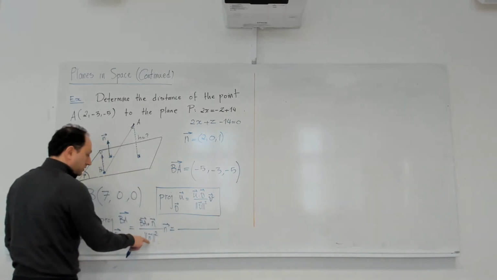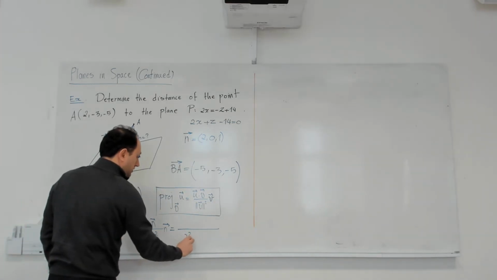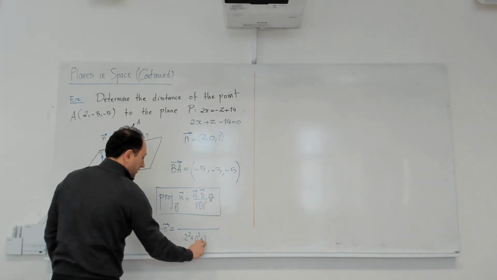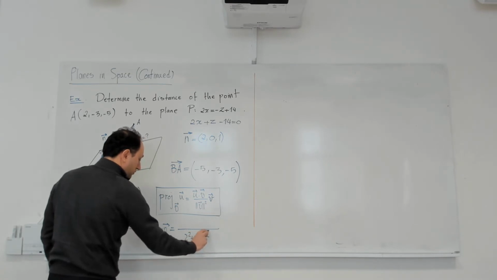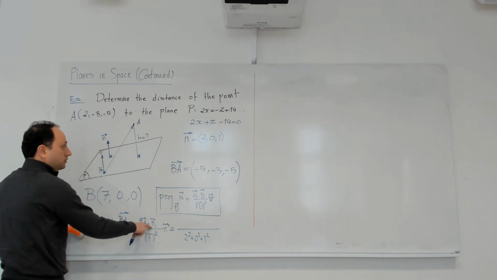If I ask you what's the norm of N squared, it becomes 2 to the power of 2 plus 0 to the power 2 plus 1 to the power 2. I don't need a square root because there is a power of 2 here. And BA dot N, we know how to calculate.